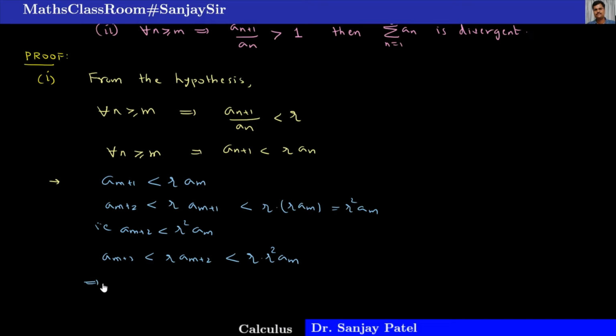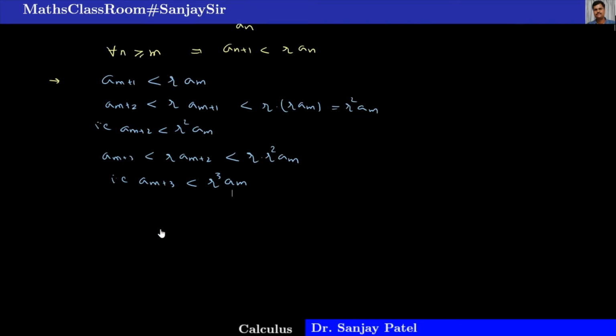That implies a_(m+3) is less than r cubed into a_m. So in general, we have a_(m+k) is less than r raised to k into a_m for every k equal to 1, 2, 3 and so on.